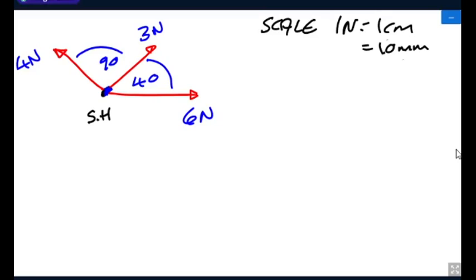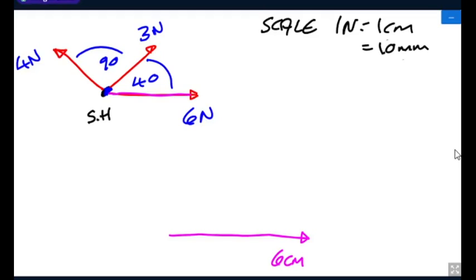So we'd start with a 6. 6 is going straight, so you draw the 6 straight. So 6 newtons, so 6 centimeters. Keep it straight.